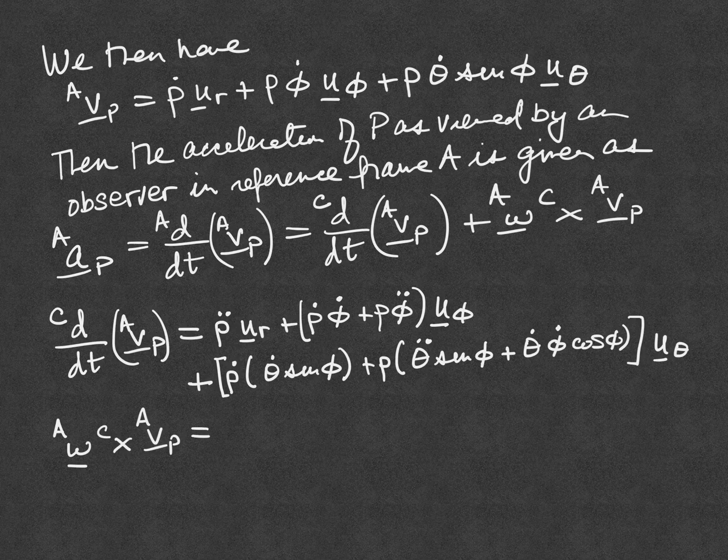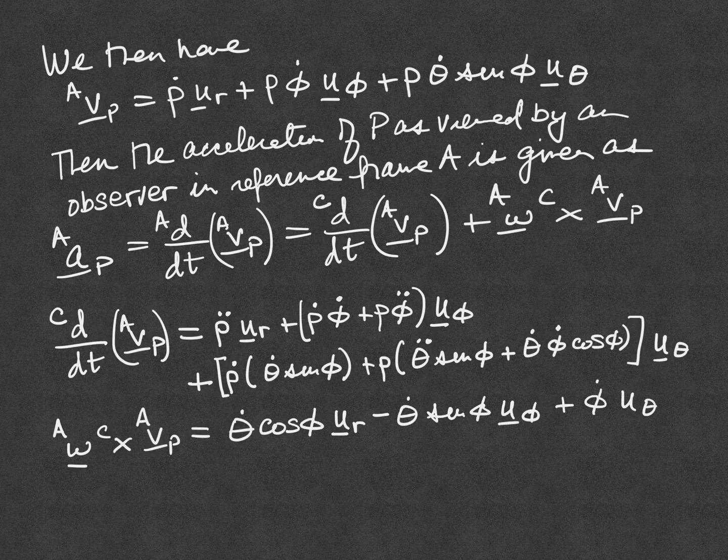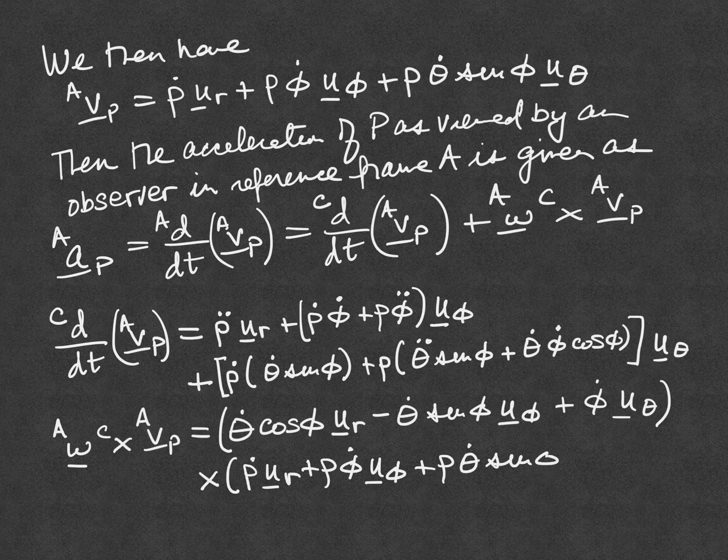So we have theta dot cosine phi UR minus theta dot sine of phi U phi plus phi dot U sub theta, and that's crossed with rho dot UR plus rho phi dot U sub phi plus rho theta dot sine of phi times U sub theta.